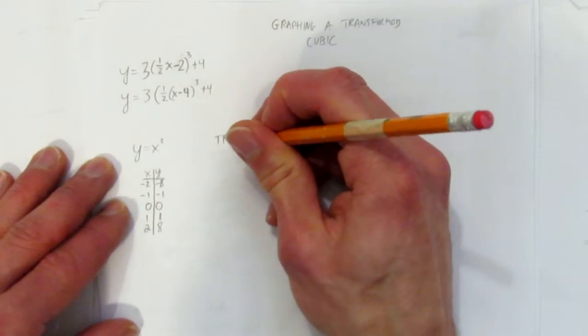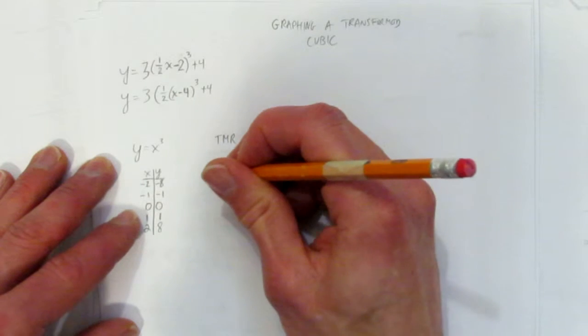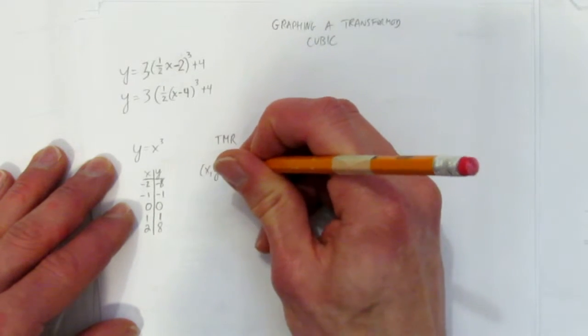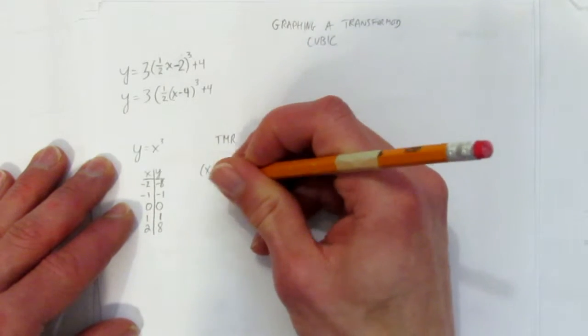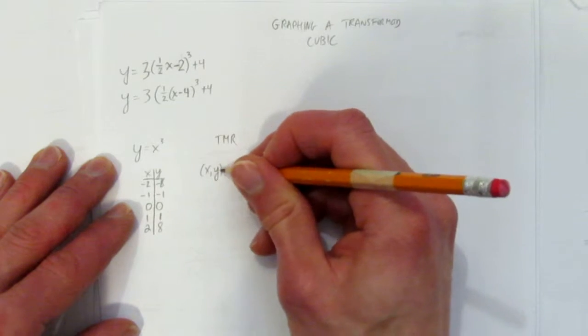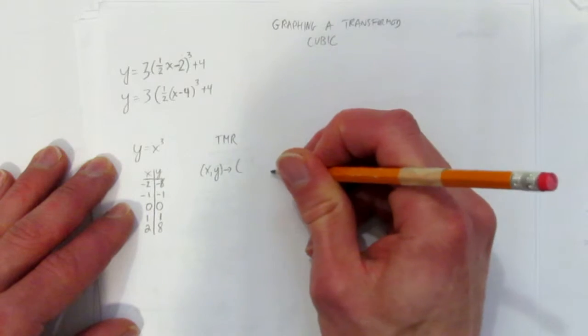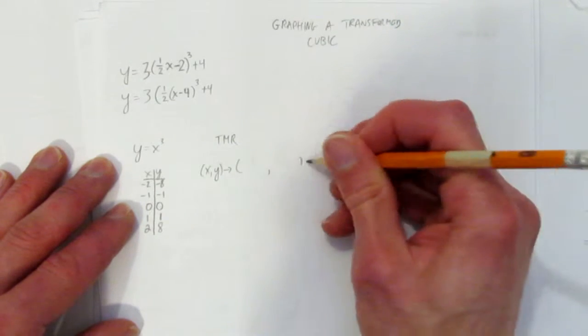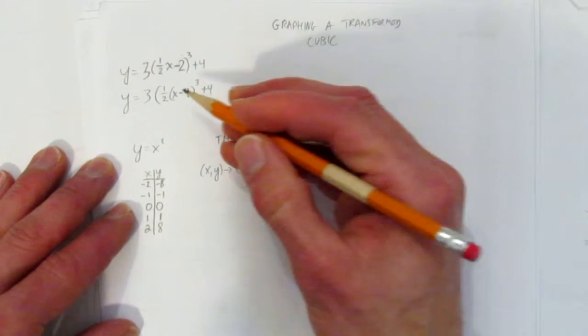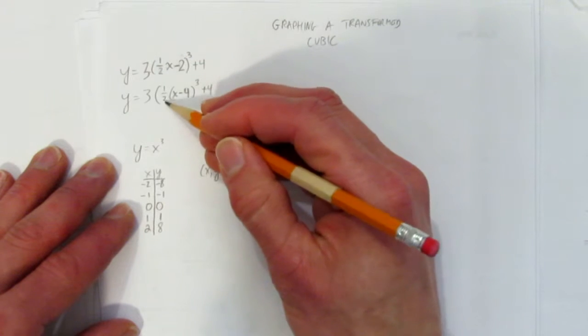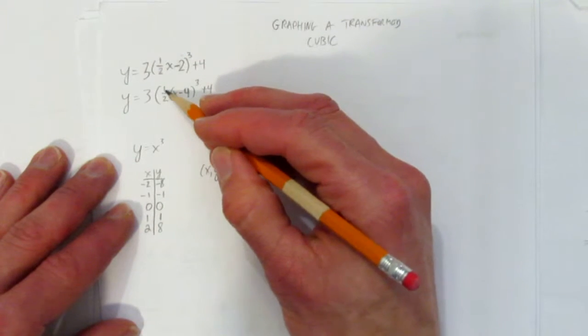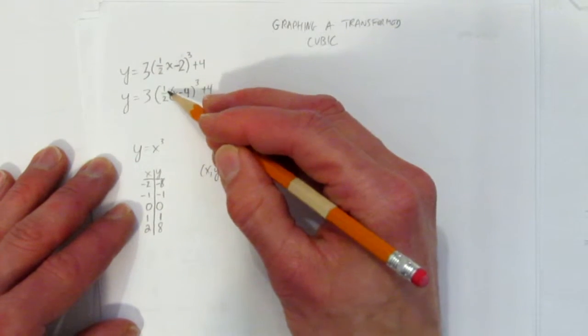Now I'm going to write the mapping rule, which is going to take all the x comma y's, all the points. Careful with this notation. It's like a point, x comma y with brackets, goes to, and I'll start off my brackets so I don't forget. Put brackets and a comma. What's happening to the x's? Well, there's a half here, but if you remember, the half, when you're doing x stuff, you have to do the opposite.